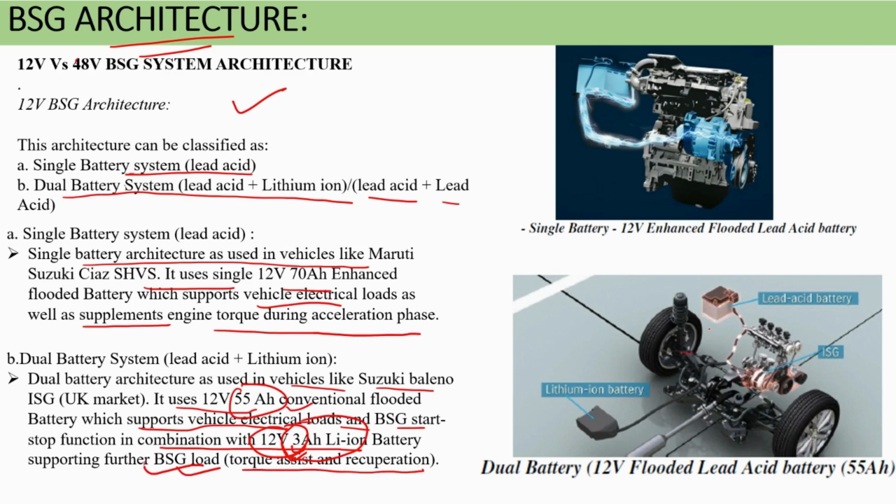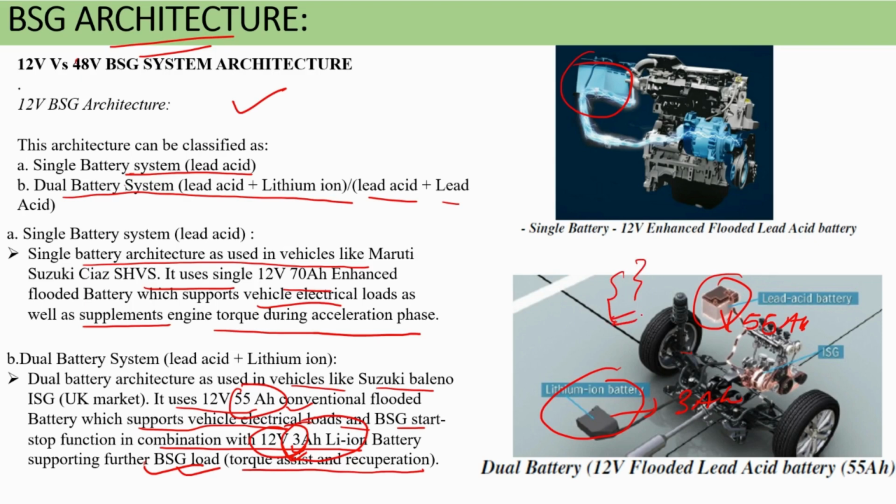Okay, so one battery would be here, and one battery would be here. In this, only a single battery would be there. So this battery would be 50 Ah, and the other battery would be a 3 Ah lithium ion battery. So this is the whole architecture of 12 volt.